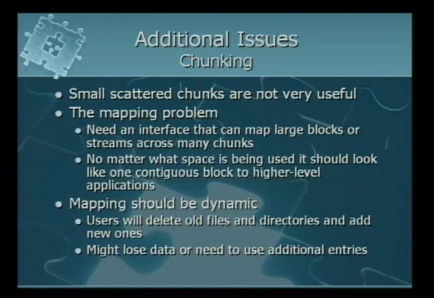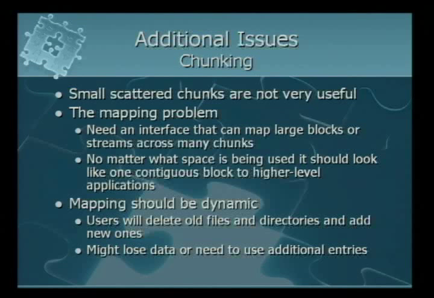The first issue is that you've got 600 byte chunks all over the disk, and that tends not to be very useful. So you want a technique where you can map these different chunks across the disk into a contiguous address space, something you can access like it's flat, like it's a drive itself, so that all your current ideas of how you access files and write files work. You don't have to change your paradigm of thinking about how you access your data in order to use this.